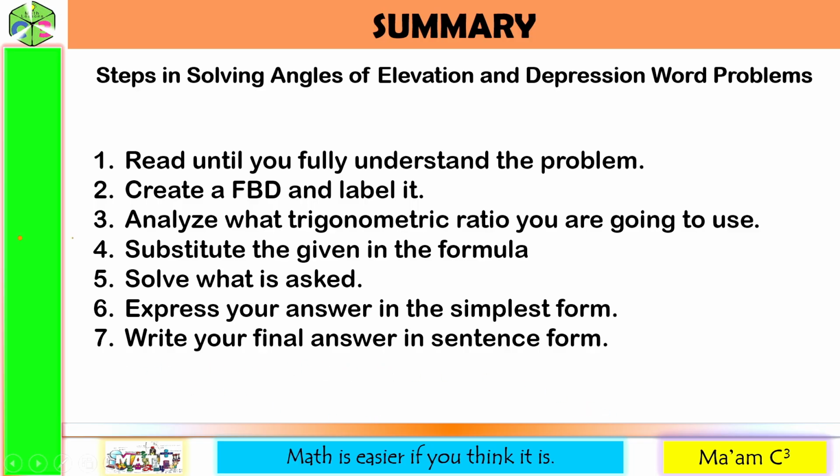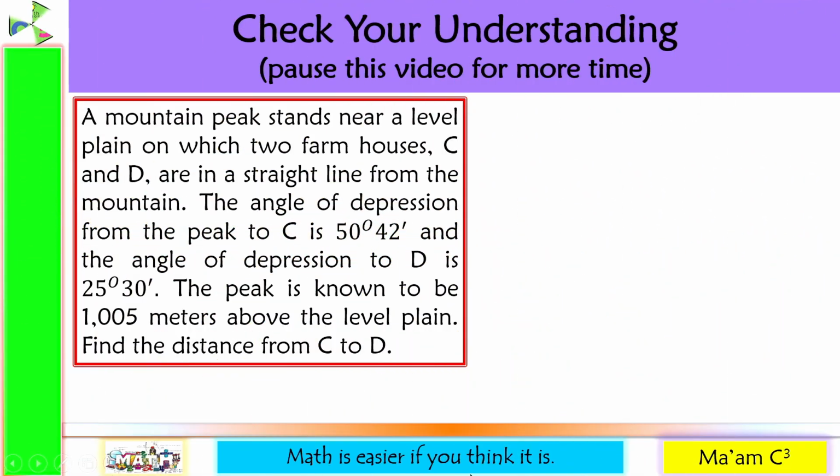Now, it is time to check your understanding. Pause this video for more time. Let us answer. A mountain peak stands near a level plain on which two farmhouses, C and D, are in a straight line from the mountain.